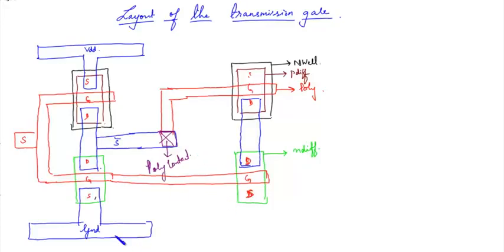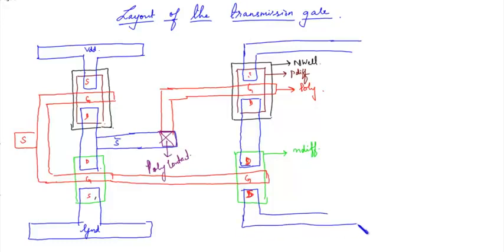Now the sources of the PMOS and NMOS of the transmission gate are connected. Just connect from here. Okay.